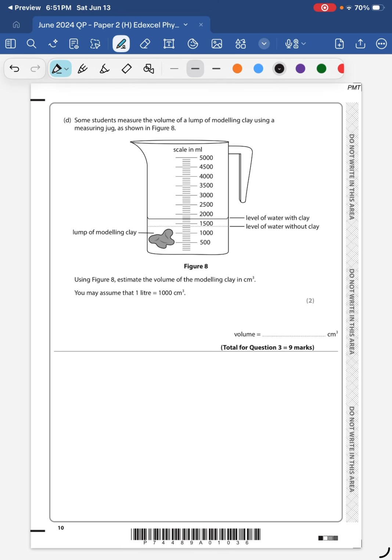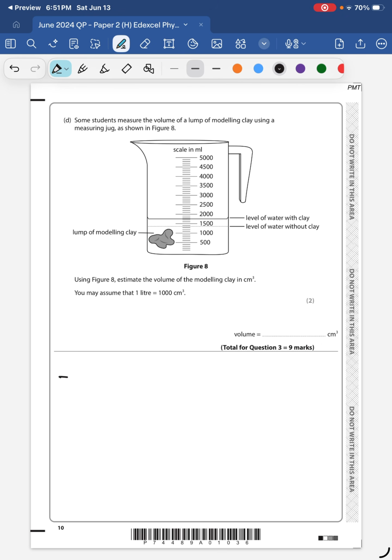So they give us the level of water without clay and the level of water with clay. The subtraction will give you the volume of the clay, because we will have displaced liquid and so on. Do we need to justify that?